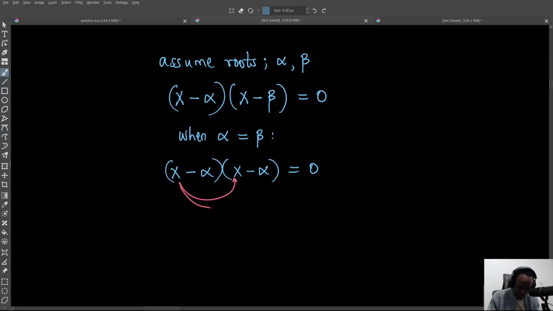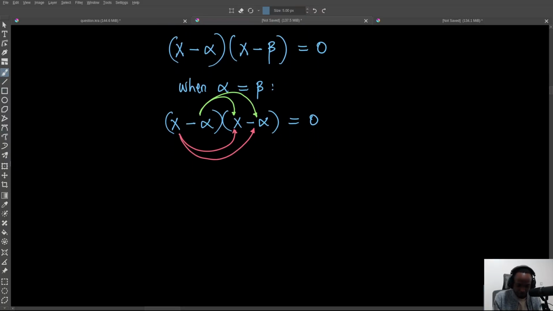We take this same x, multiply it by negative alpha, and then take this negative alpha, multiply by this x, and take that same negative alpha, multiply it by negative alpha. So let's go. x by x gives us x squared.